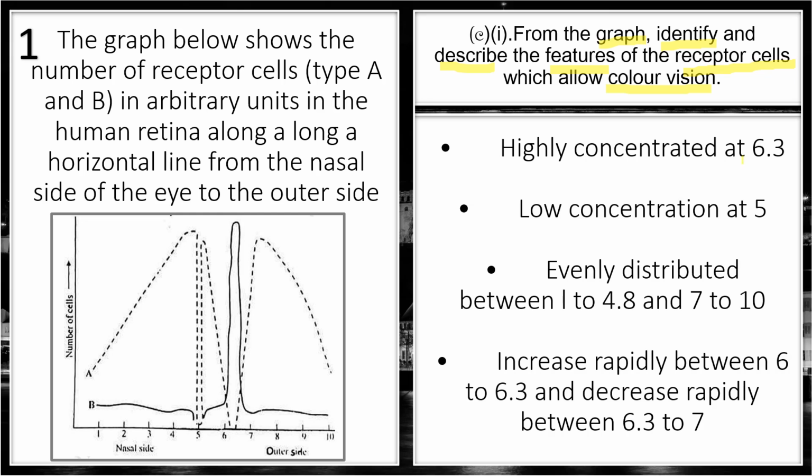Highly concentrated at 6.3, low concentration at 5, evenly distributed between 1 to 4.8 and 7 to 10. Increases rapidly between 6 to 6.3 and decreases rapidly between 6.3 to 7.